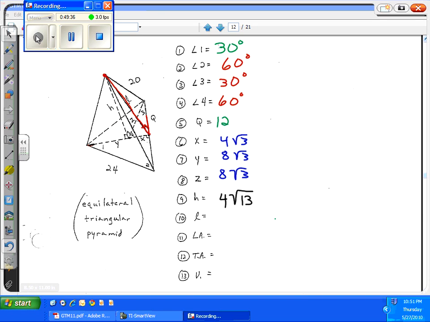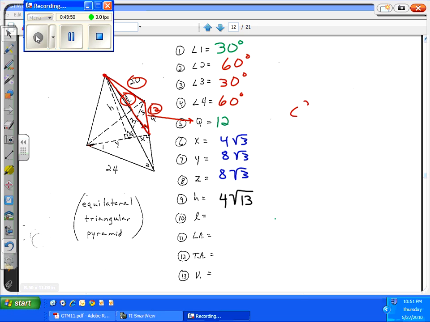So we need a triangle that it's in. That's a right angle. That's 20. We know that Q is 12. So we got 12 and 20 in lateral height in a right triangle.